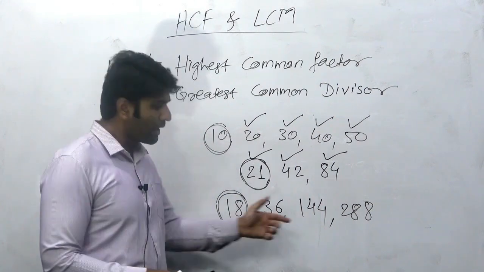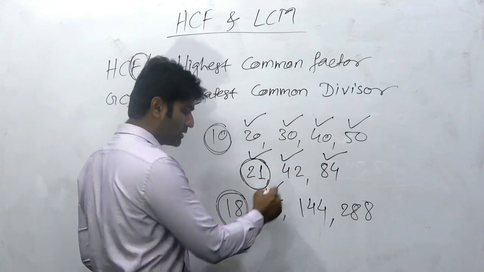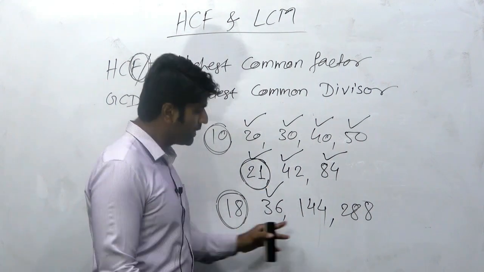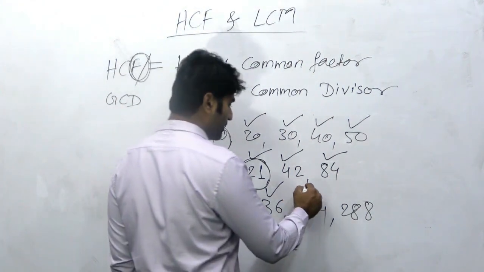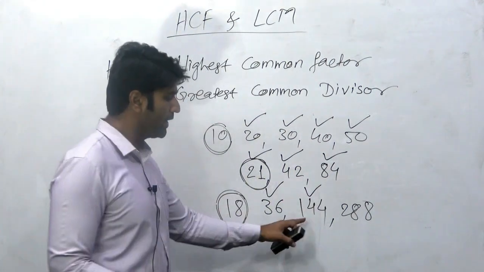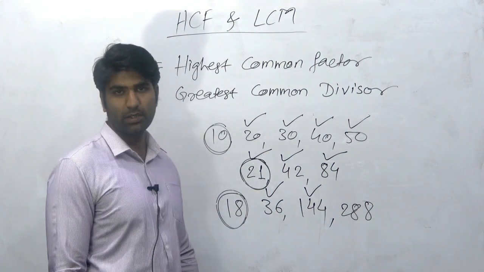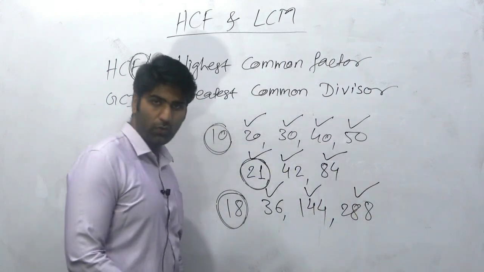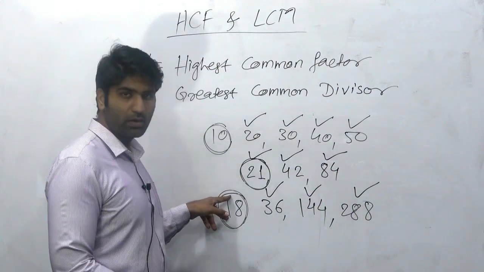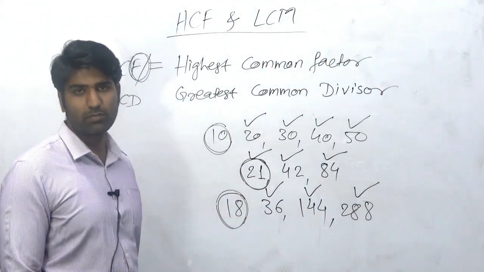Can the smallest number divide all the given numbers? Can 18 divide 36? Yes, it can. Can 18 divide 144? Yes, it can, because 18 times 8 is 144. Can 18 divide 288? Yes, it can. Therefore, the smallest number 18 is also the HCF of these numbers.